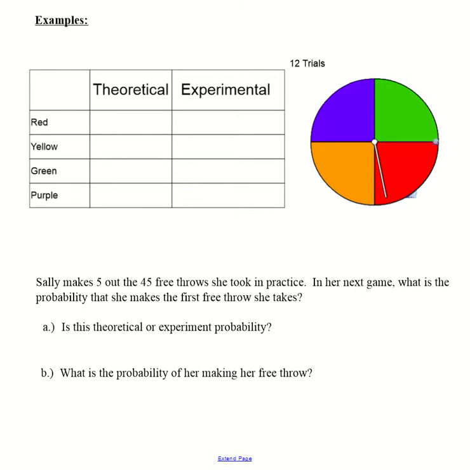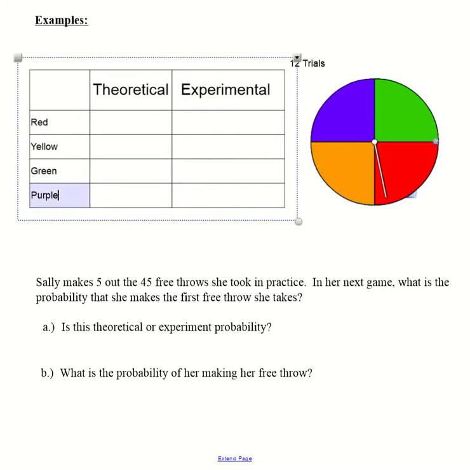So here we have a spinner. Alright? And so we're going to run an experiment. So if we think about this, we've got the theoretical and the experimental probability. So before we do any experiments, let's figure out what the theoretical is. Well, how many possible outcomes are there? There are 4. There's red, this orangish yellow, green, and blue.